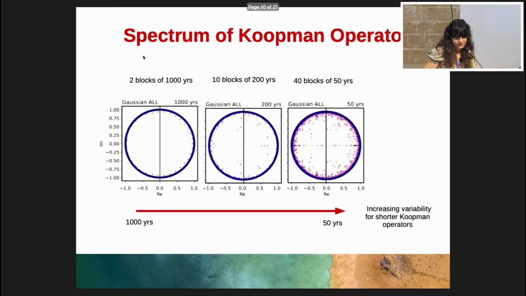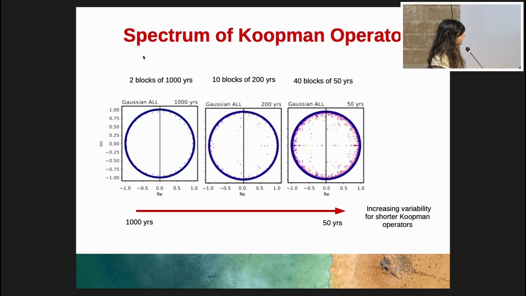Okay, so let's have a look at some of these spectra. Here what we have is composites of the eigenvalues for the different estimates. So we have different chunks of the data. For example, here we have 2 chunks of 1,000 years, and here we have 40 chunks of 50 years. And each one of the colors are the eigenvalues for each one of these estimates.